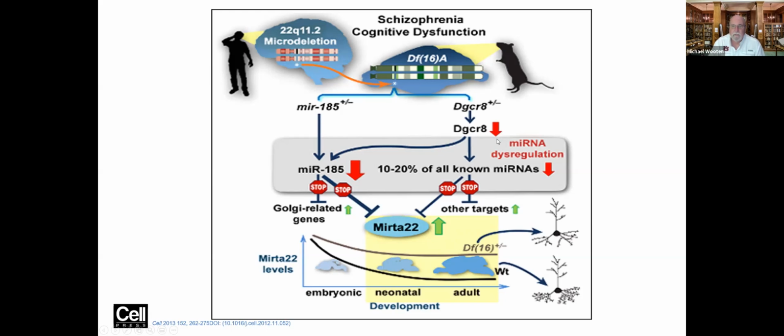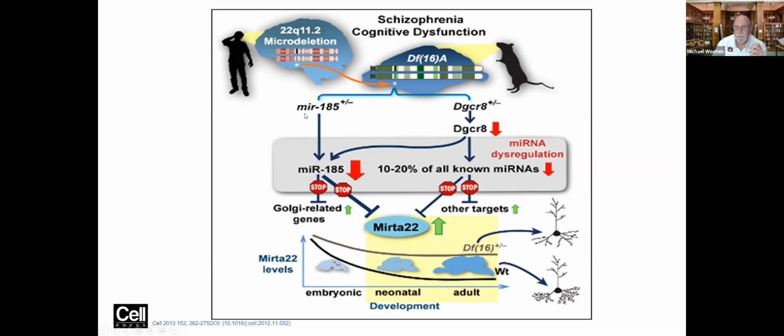It's responsible for modifying and cleaving, and actually some other things, turning some things on, of about 10, 20% of all known microRNAs. So you downregulate this gene because it's not there, it's been deleted, and it basically stops these microRNAs from forming.